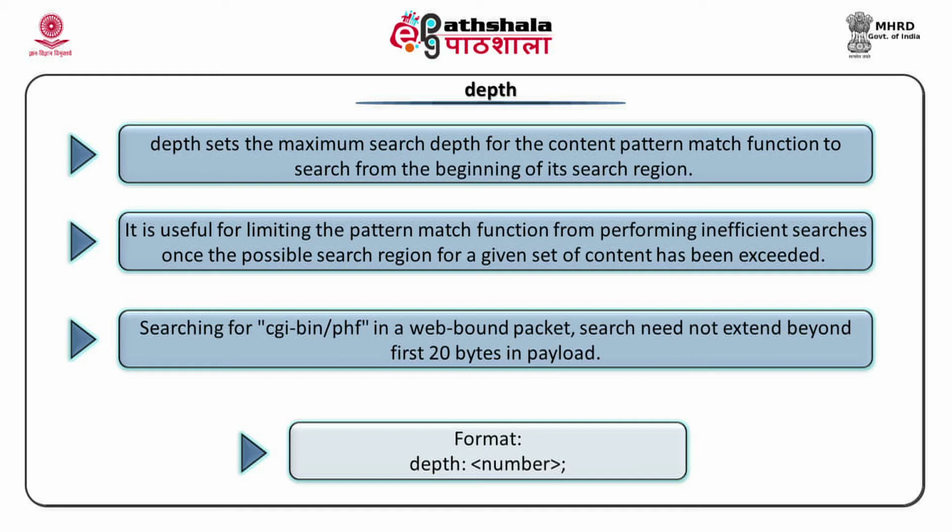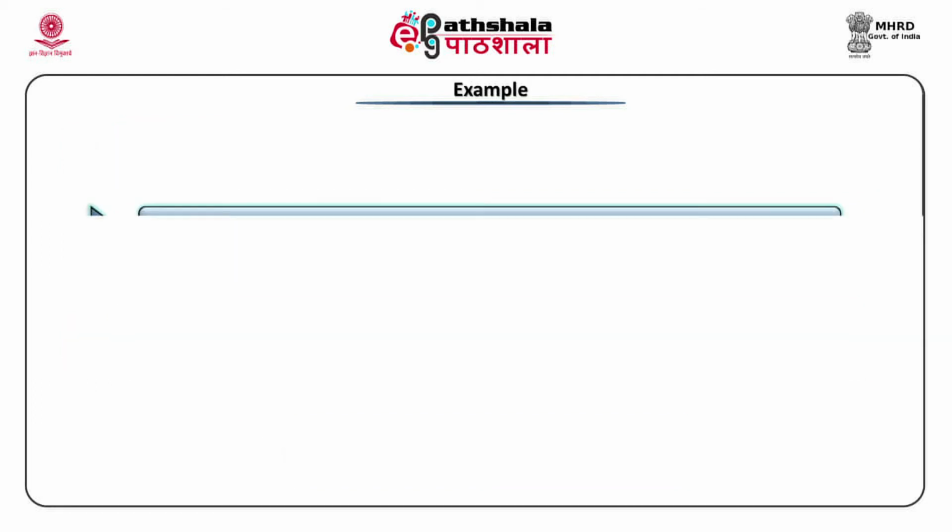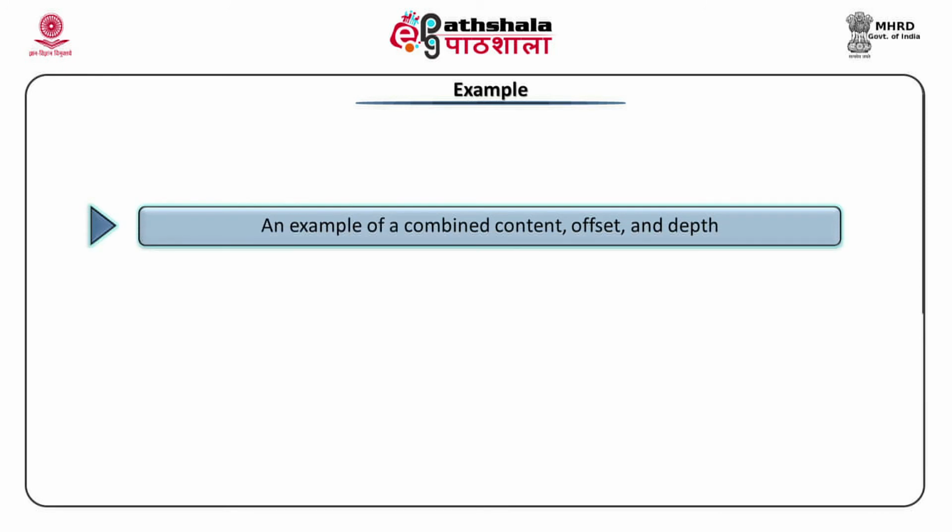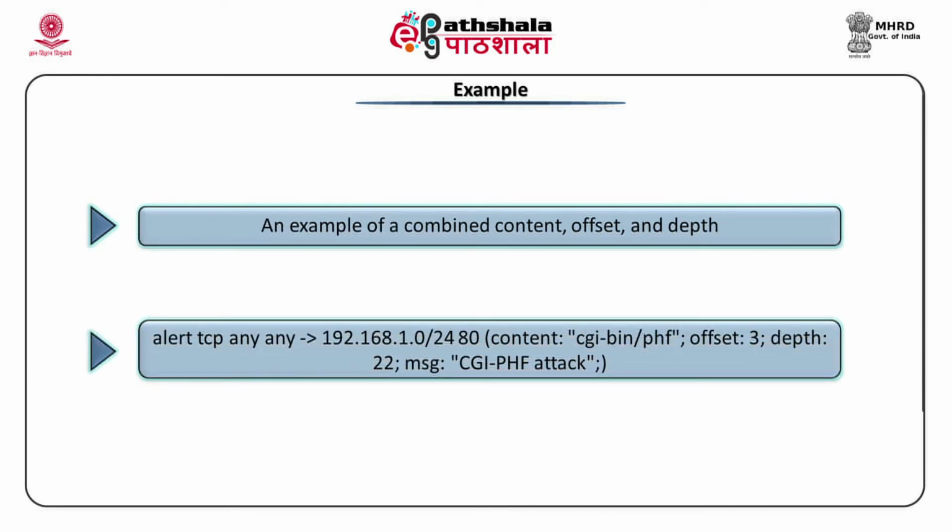Depth is also related to the content rule option. Depth says the content pattern match function should search for the pattern from the beginning up to what bytes. So, it is useful for limiting the pattern match function from performing inefficient searches once the possible search region has been exceeded.